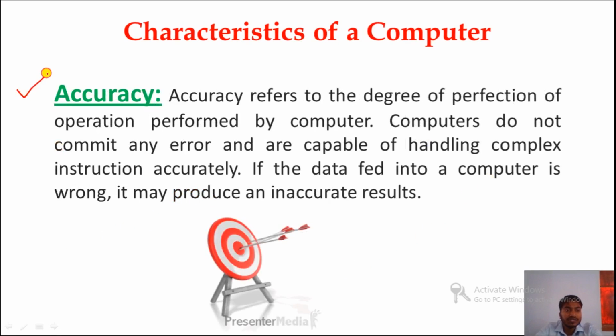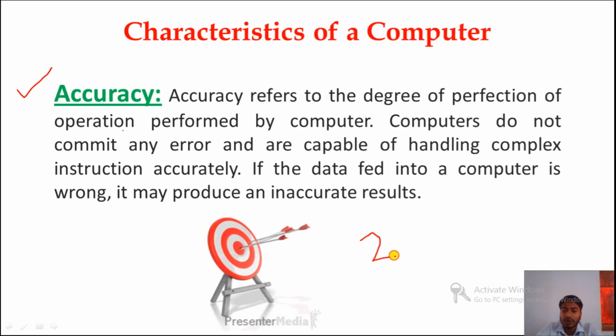Now accuracy. Accuracy means a perfect result, a correct result. Accuracy refers to the degree of perfection of operations performed by a computer. A computer always gives an accurate result, but it depends on user input. If the user gives wrong input, accordingly the computer will give wrong output. Let me show you one example.